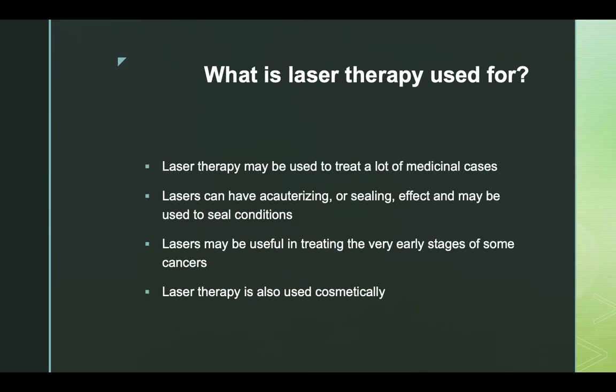Okay, what is laser therapy used for? Overall, you can say that the typical treatment is used, for example, to shrink or to destroy tumors or polyps. You can also reveal symptoms of cancer, remove kidney stones, remove part of the prostate, for example, or also repair a detached retina, like in eye surgery.